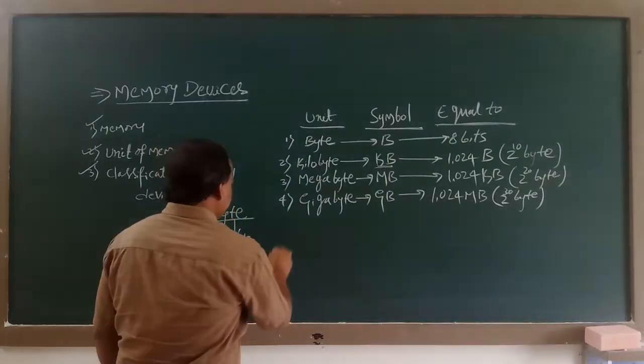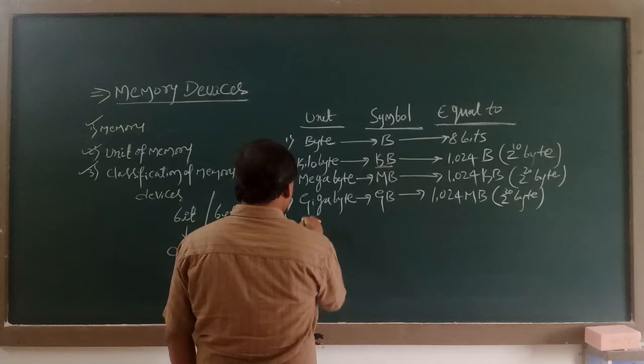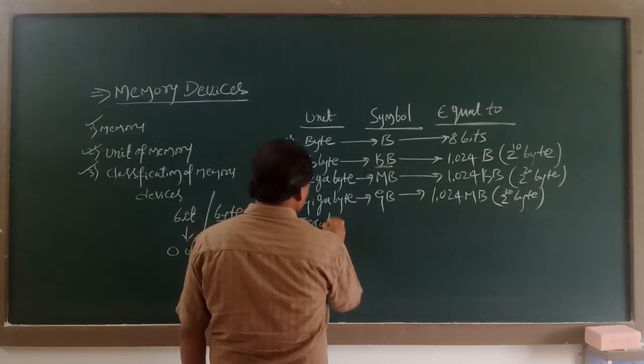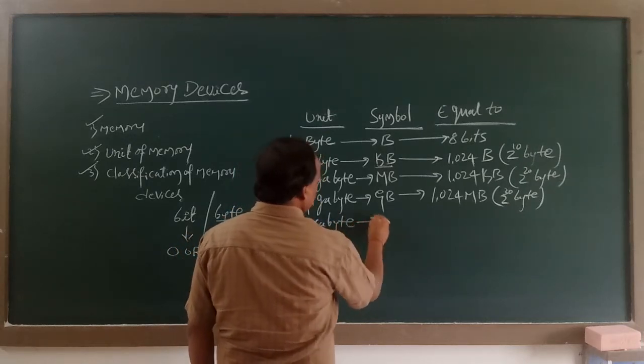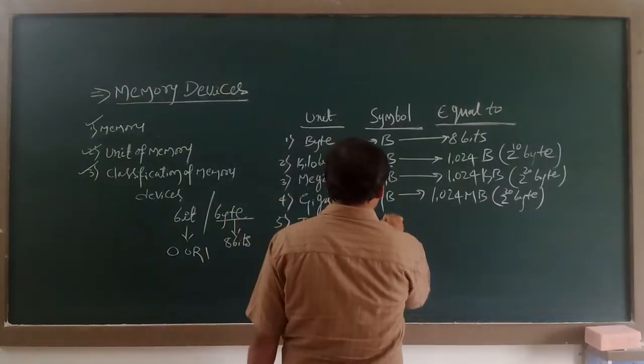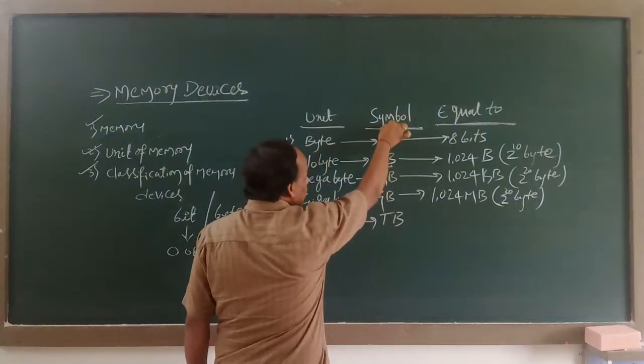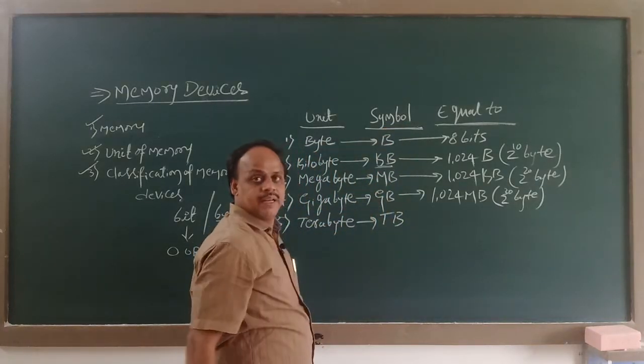And the next, fifth one, terabyte. Its symbol is TB. While indicating a symbol, you have to write capital letters only.